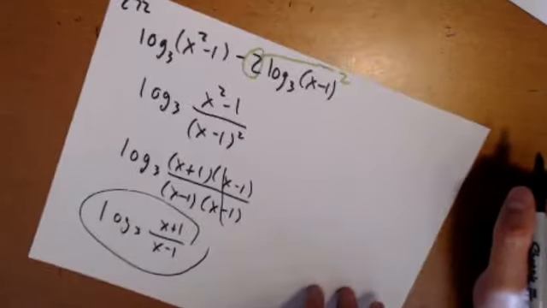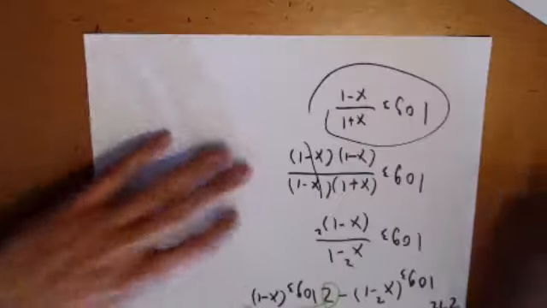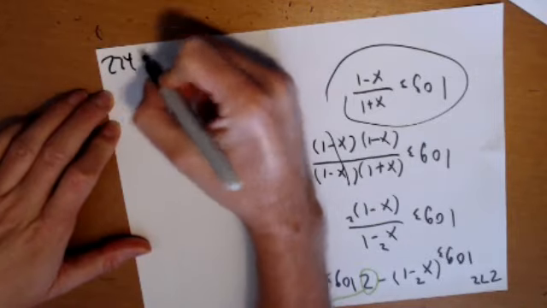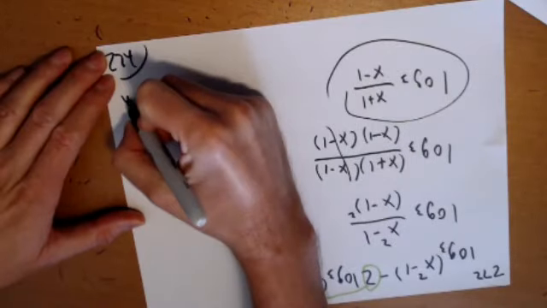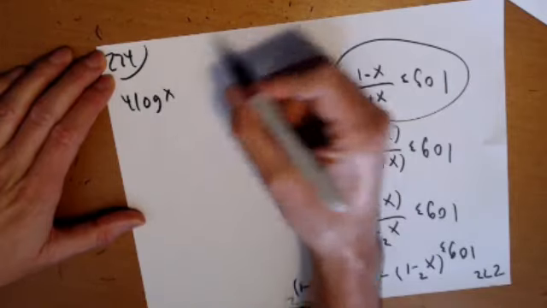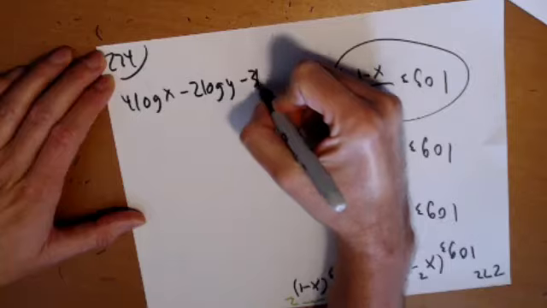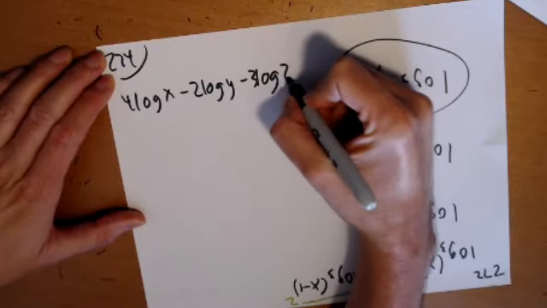And then we'll need, for the last part, let's do 274. 4 log x, that's just base 10, minus 2 log y, minus 3 log z.